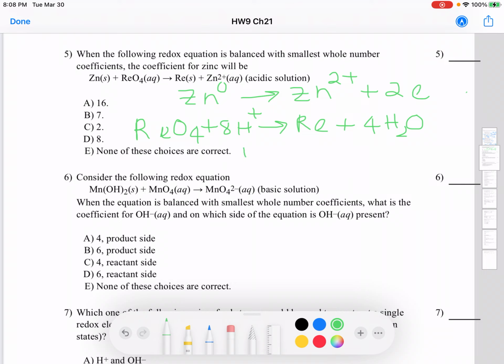So the total charge on the left side is 8, and this is 0, this is 0, this side is 0. Plus 8 goes to 0. Oxidation or reduction? Reduction. Gaining, right? How many electrons? 8 electrons by gaining 8 electrons.